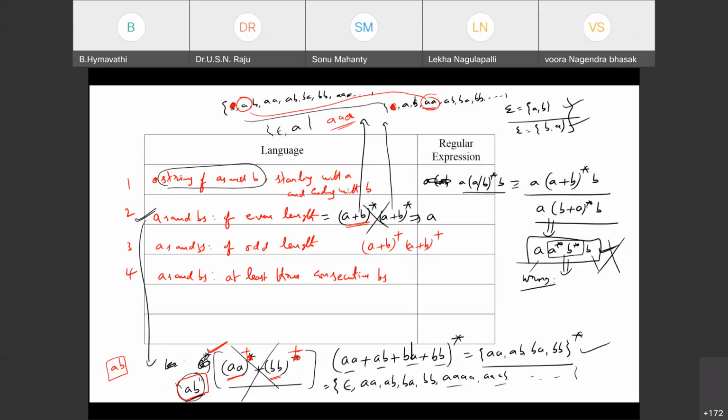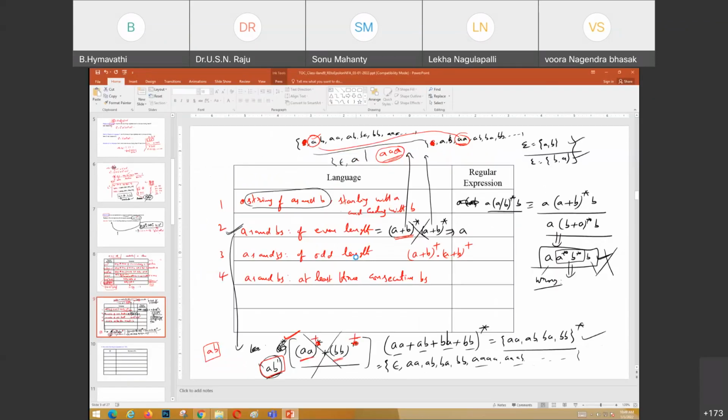Yes sir. Right, A plus B whole plus means only you are removing these epsilons, but still you are concatenating. So when you are concatenating, there is one single A here and double A there. When you concatenate, obviously you are getting triple A, but triple A is not part of this statement. Have you understood that? Yes, I understand.